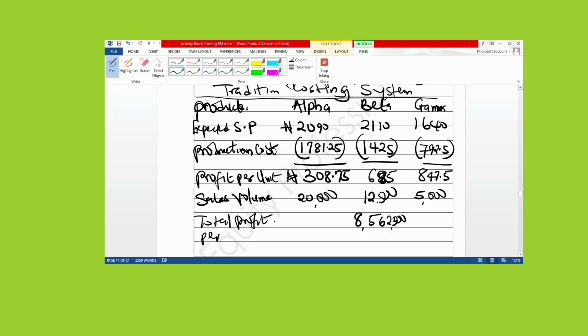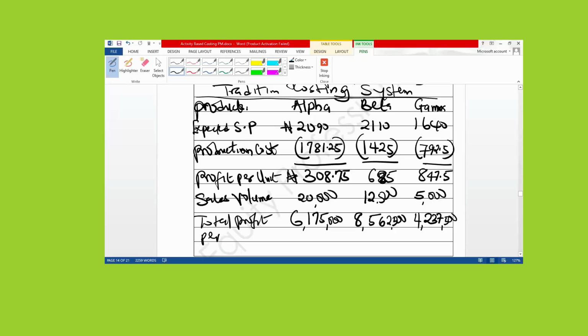Next, for Gamma, we have 4,237,500. For Alpha, then 6,175,000. Thank you.